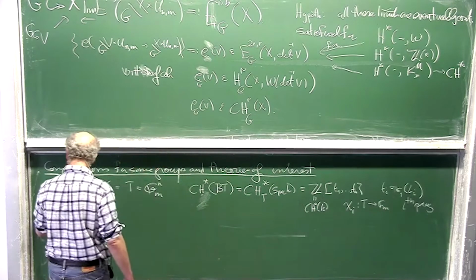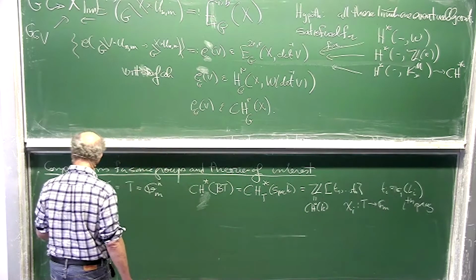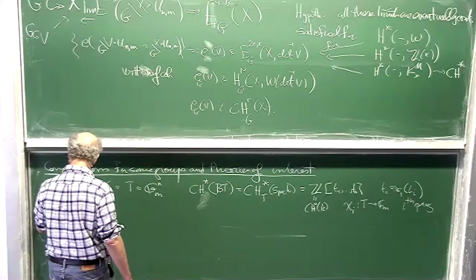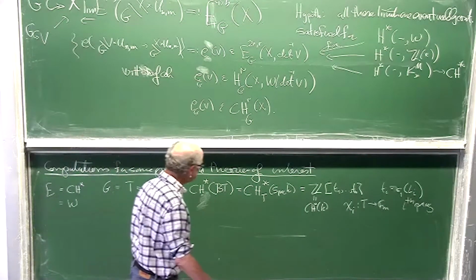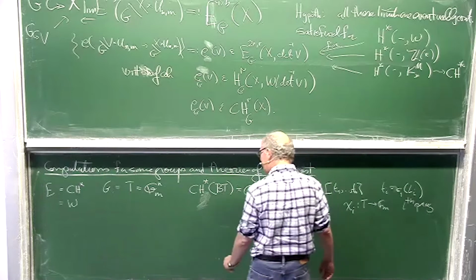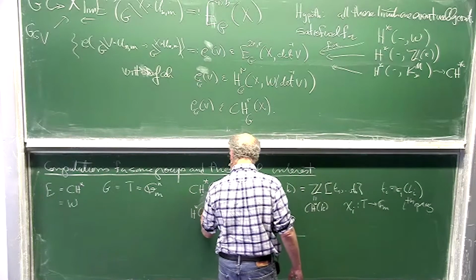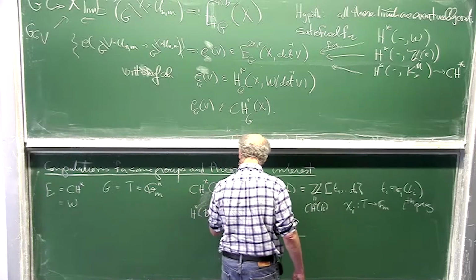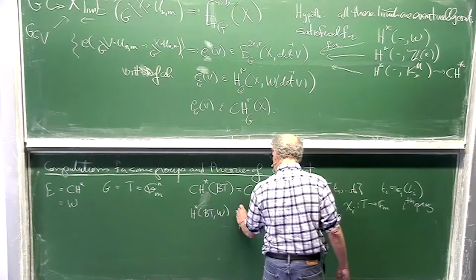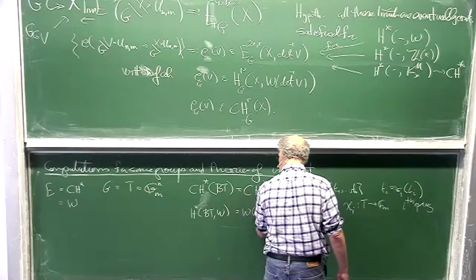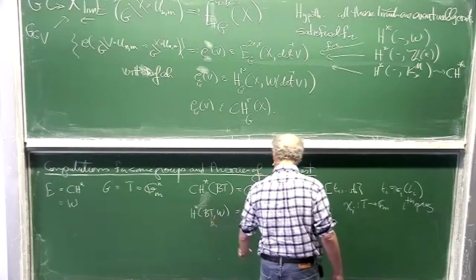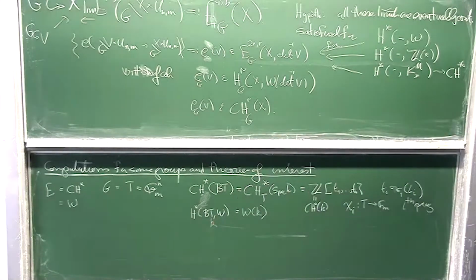Now, here's the funny thing. If you take E to be the Witt sheaf, which is the thing we're interested in, then you get H star of BT with coefficients in the Witt sheaf. This is just equal to W of K. In other words, you don't get anything new.